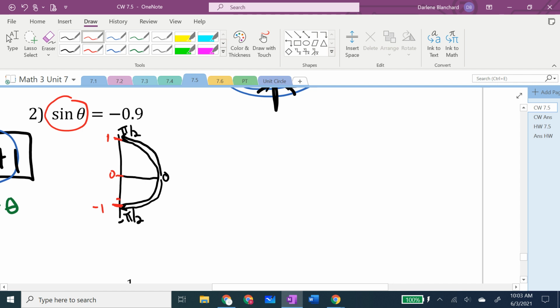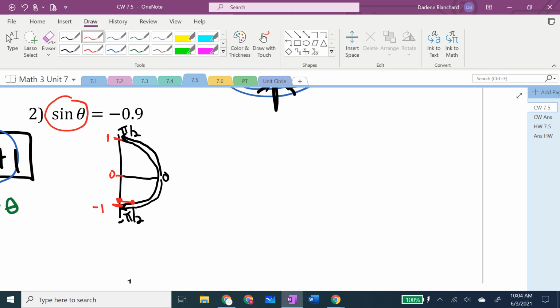Negative 0.9 is, say, about down here. And that lands you in quadrant 4. Your calculator is going to give you an answer that is in quadrant 4. However, it's not going to give you 3 pi over 2 to 2 pi. It's going to give you the negative angle.